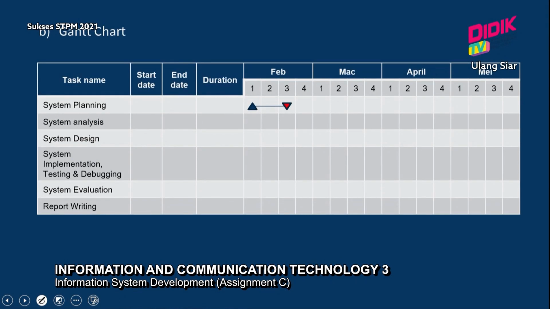This is an example for the Gantt chart. You have done this in your assignment. This one is empty, but you try to fill it in. Start date, end date, duration, how long, and then you put the months, how many months, 2 months, 3 months, up to you.